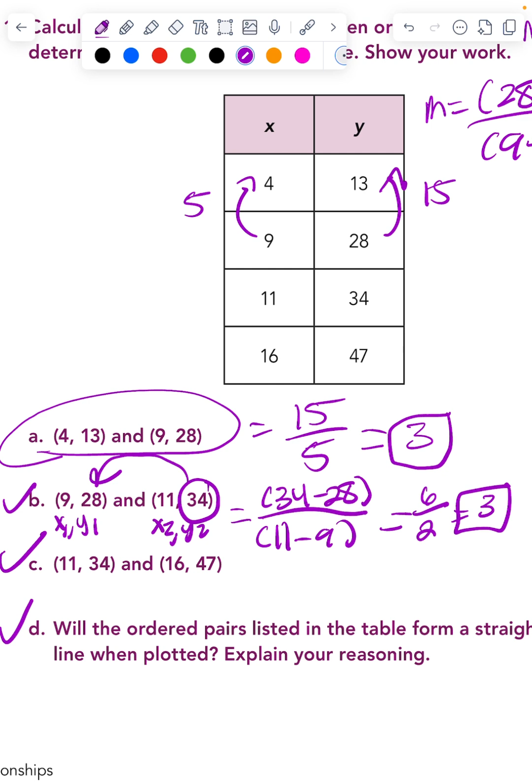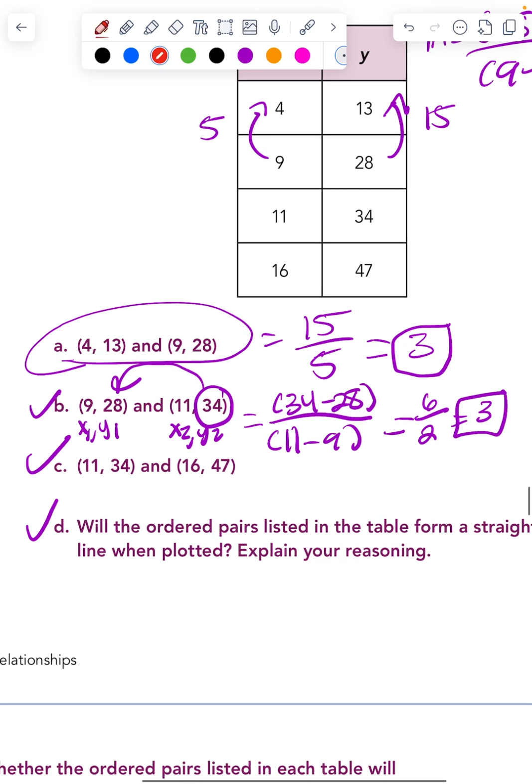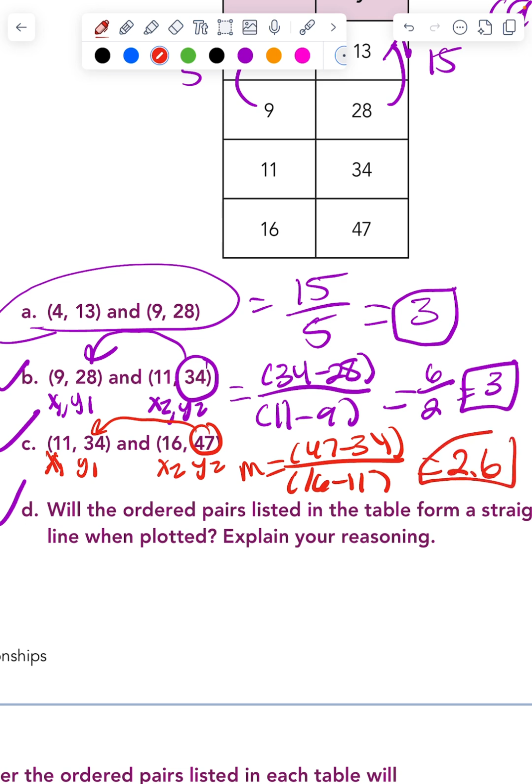However, if I look at the very last series of points right here, I'm going to keep labeling x1, y1, x2, y2. I know that's going to equal 47 minus 34 over 16 minus 11. That's going to give me 13 divided by 5, which gives me what? 2.6, okay?